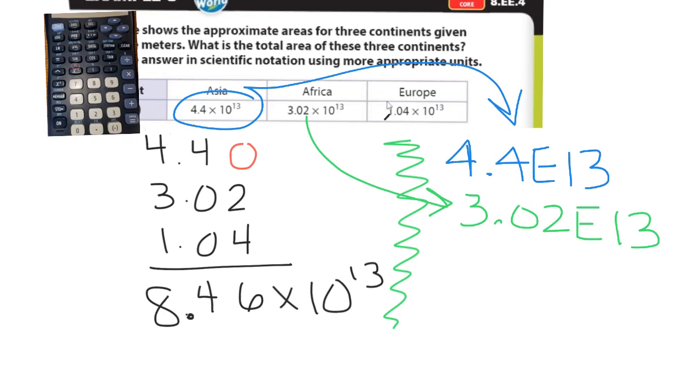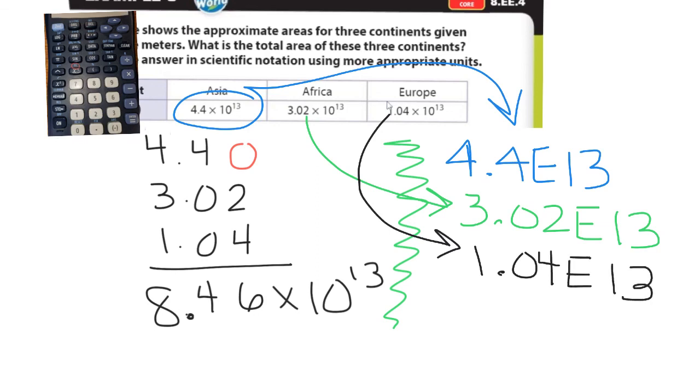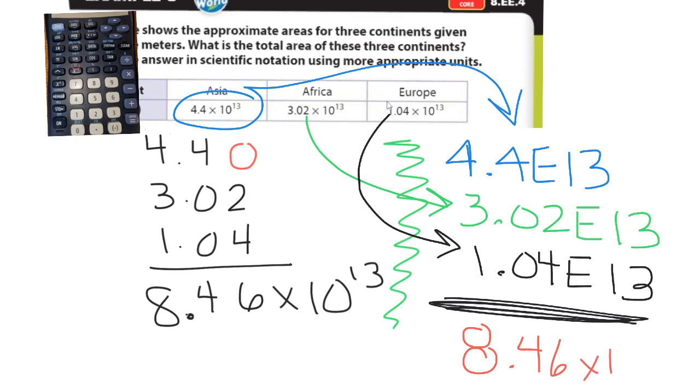Europe will be 1.4, E 13. And then you would add those together. And that would give you 8.46 times 10 to the 13th power.